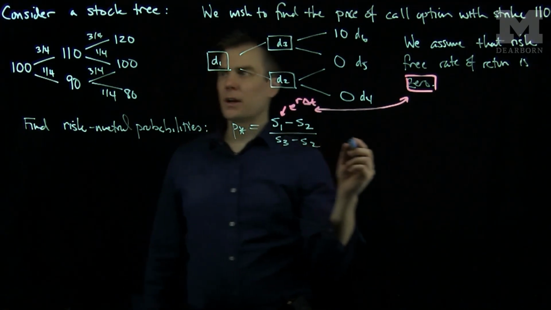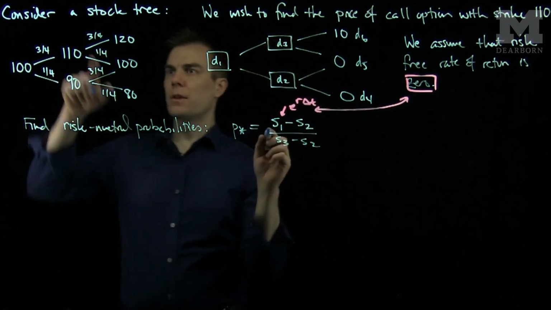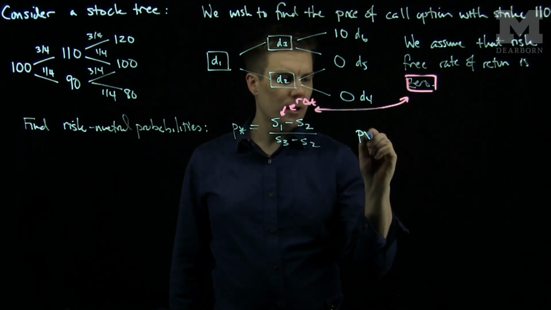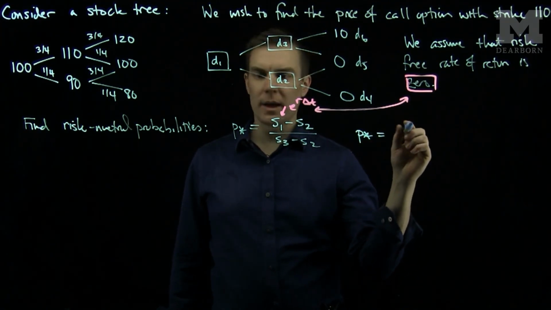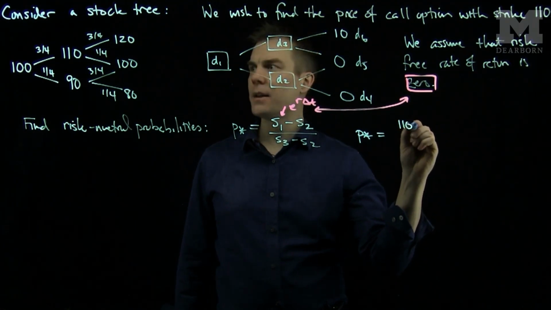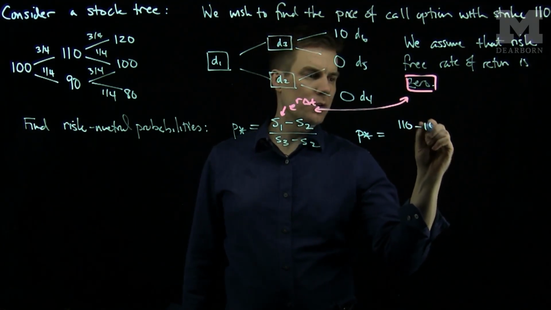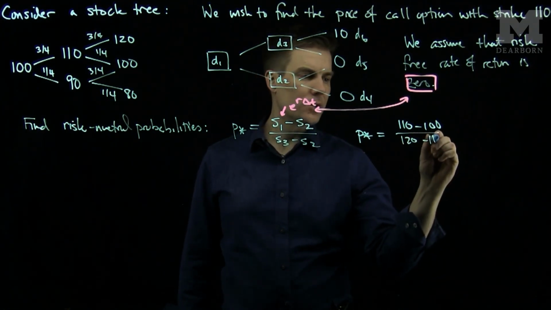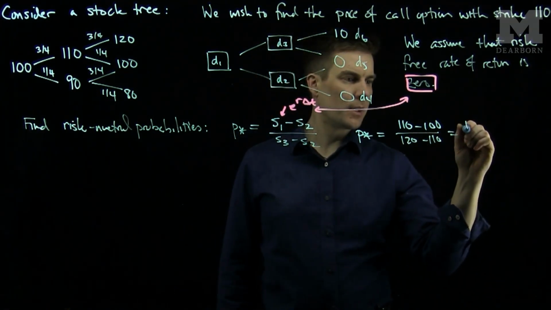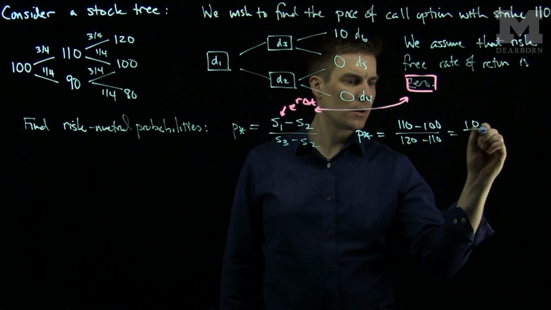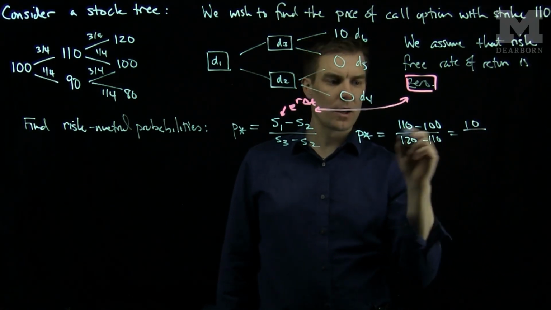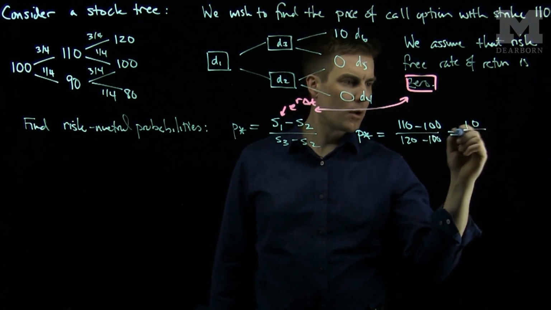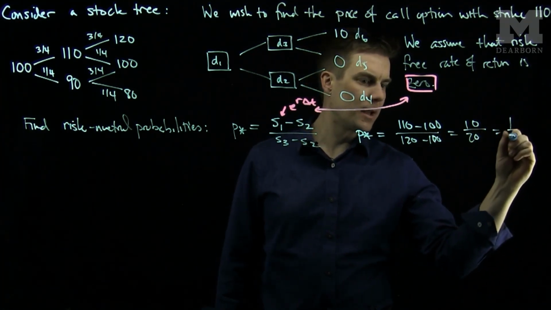So we look over here, and for this first node, our P star will be 110 minus 100 over 120 minus 110. So this will be 10 over 20, and that will be a half.